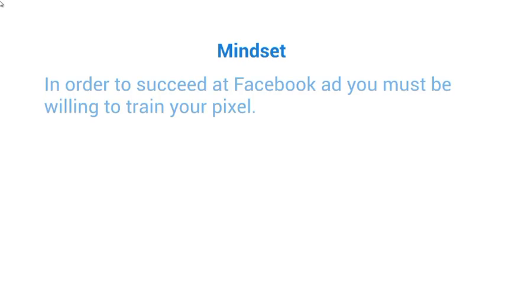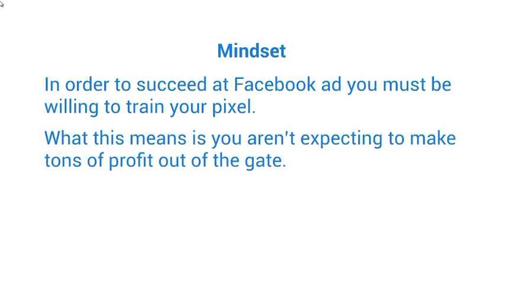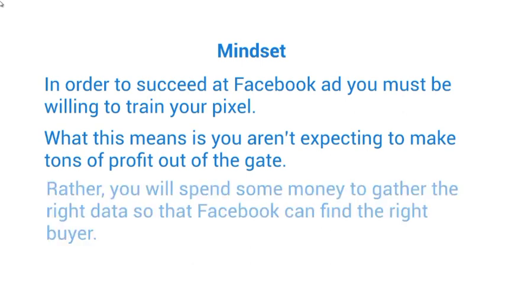Now, before we get started, I want to talk about mindset because that's very important. In order to succeed at Facebook ads, you must be willing to train your pixel. So what that means is that you're not expecting to make tons of profit out of the gate. Now, that might happen with some of you, but for the most part, if you're starting from scratch and you have a brand new pixel with no data whatsoever, then you're going to need to train that pixel.